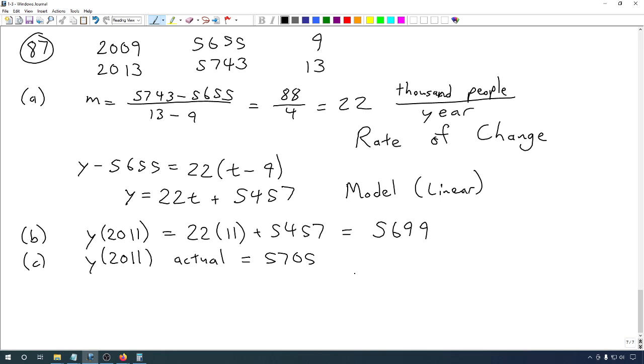So our linear model is not quite correct. The population did not follow a line, but it was a decent enough approximation. We're not that far off. I mean, we were talking about 22,000 people changing every year, but we were only off by 6,000 people. So it is a decent enough approximation.